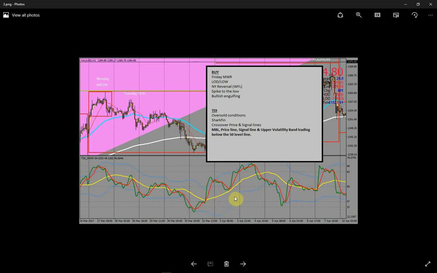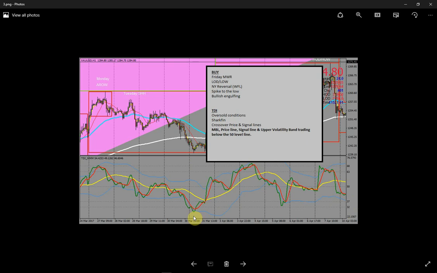For me to say that a market is oversold, it should be trading below the 37 support and the 32 support lines. In between or below. Anything over it is not really oversold for me. I need to have very good, precise oversold or overbought conditions. So that's an oversold condition right there.